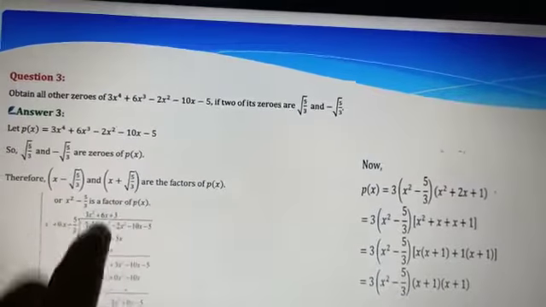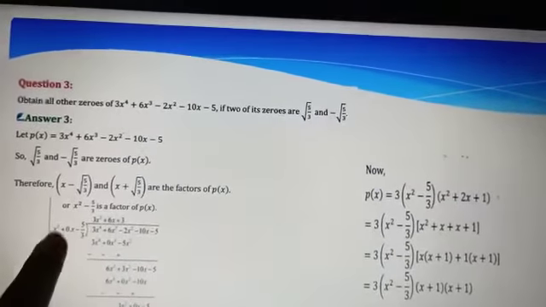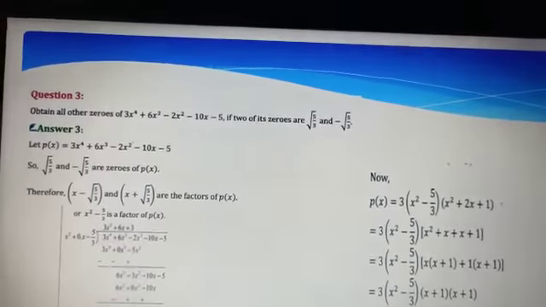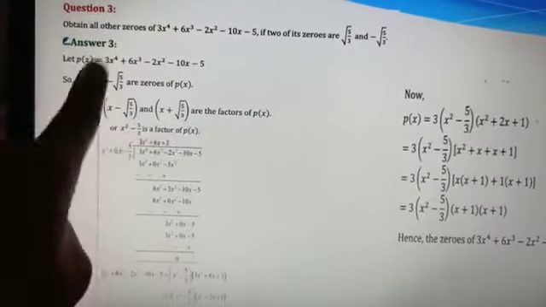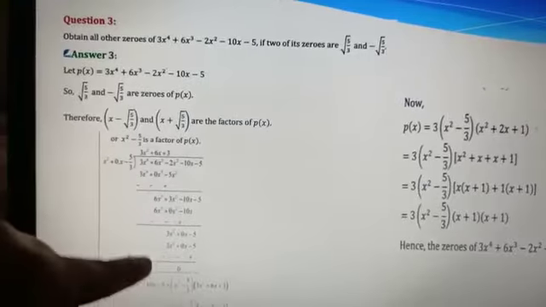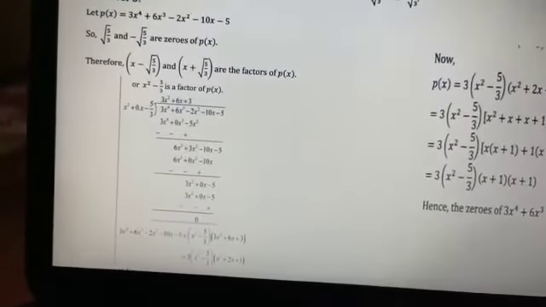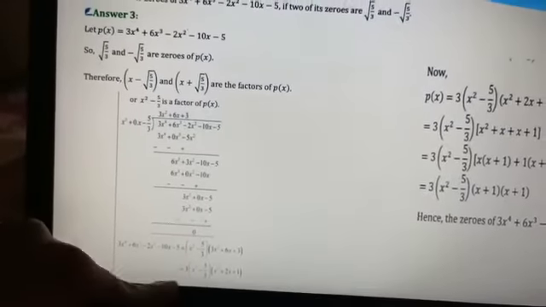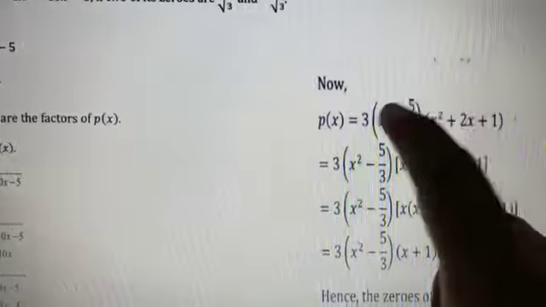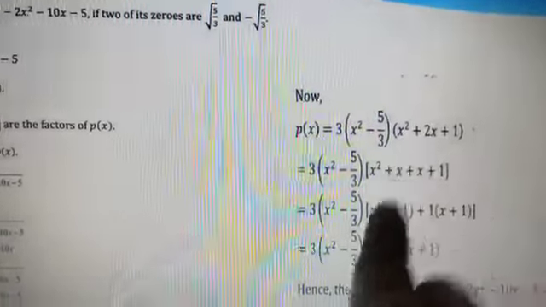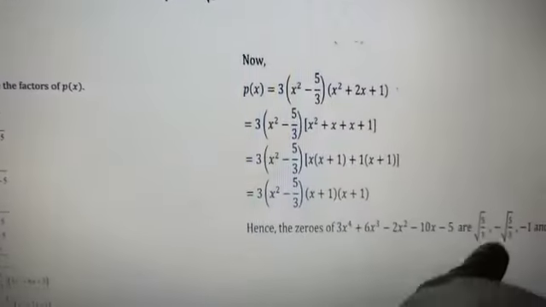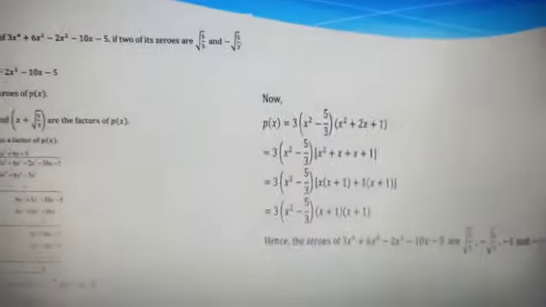Then multiply these two as a square minus b square, divide that into the polynomial given in the question, and you will get the quotient on top. Take the quotient, and whatever quadratic equation you get, you will split the middle term, solve and get the other two zeros. Okay.